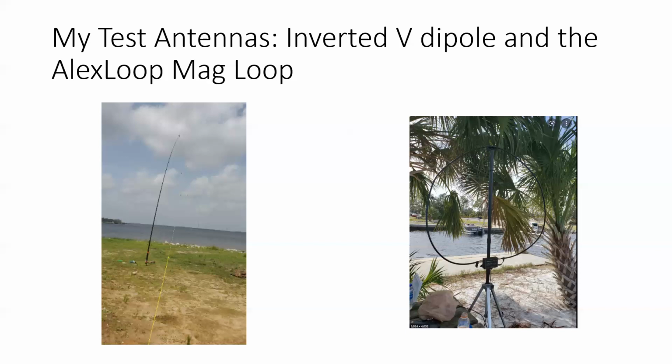Okay. Now, most people might think, well, you want the loop facing the preferred direction, but it's in the plane of the loop. Okay. So there's really a null going through the loop, so to speak.